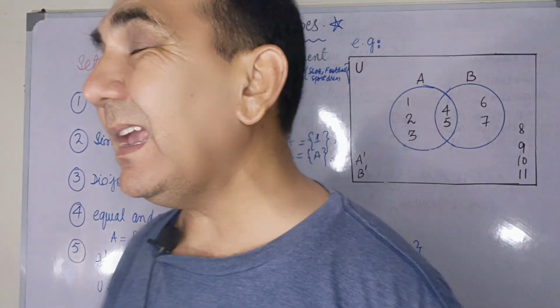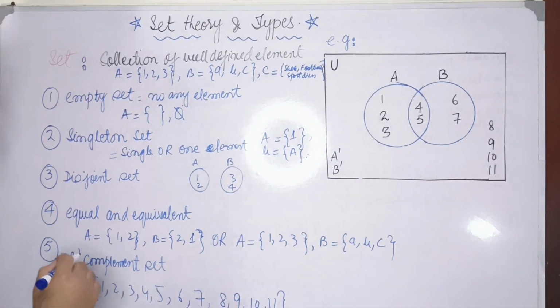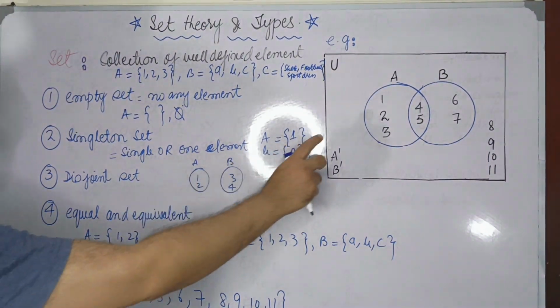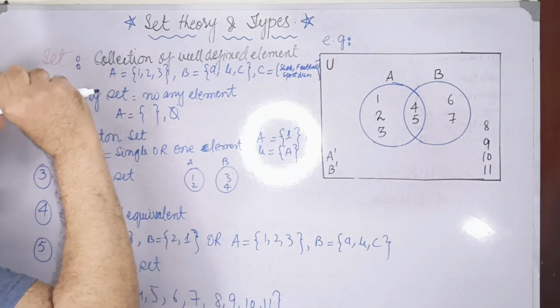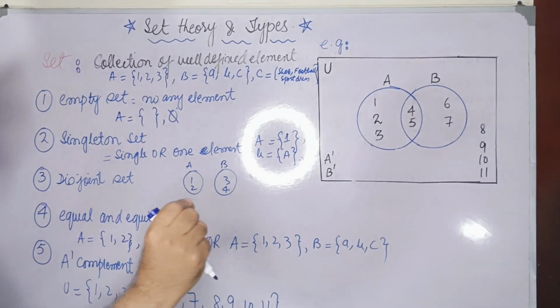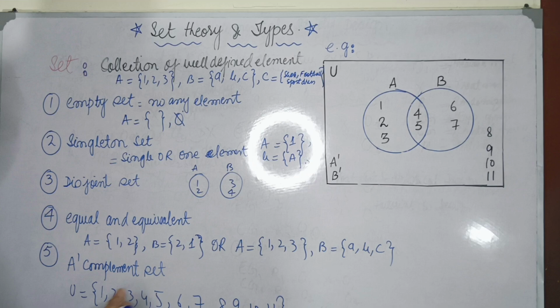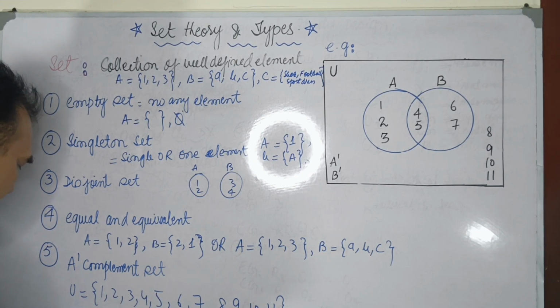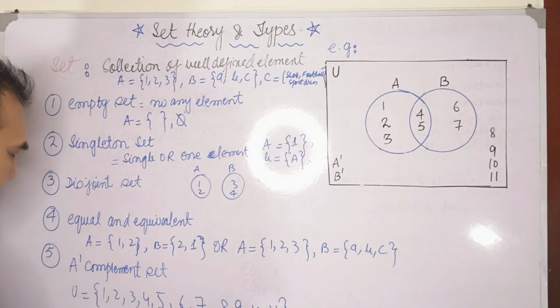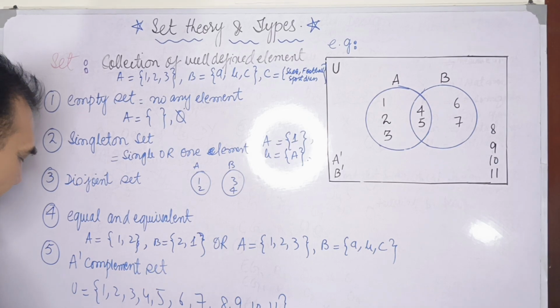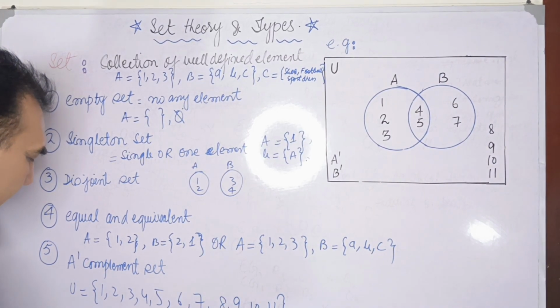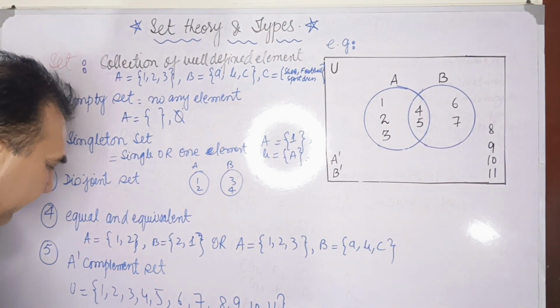Now what is the A complement? The A complement is the elements present inside the A set, which we subtract from the universal set, and then we can say A complement. What is the set A? Set A is 1, 2, 3, 4 and 5.